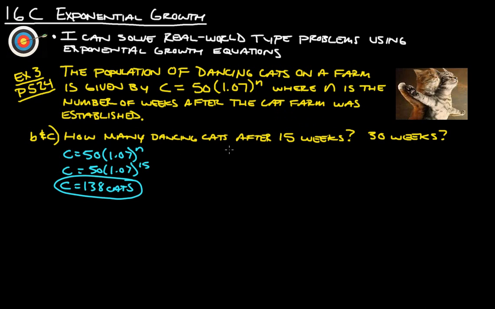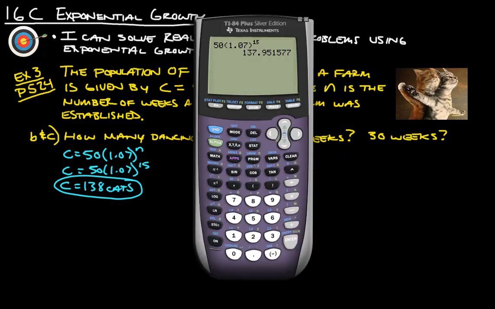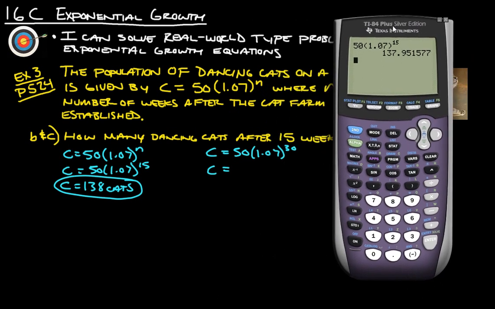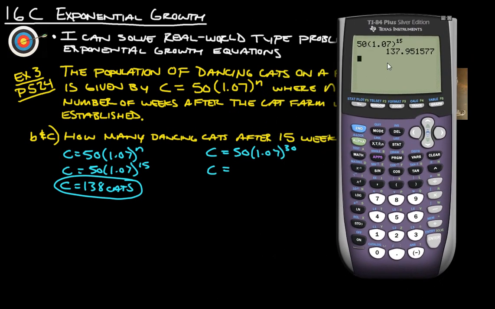Let's try the second part here, and that is cats equals 50 times 1.07 to now the 30 weeks. So raise that to the 30th power. All we have to do is change the 15.